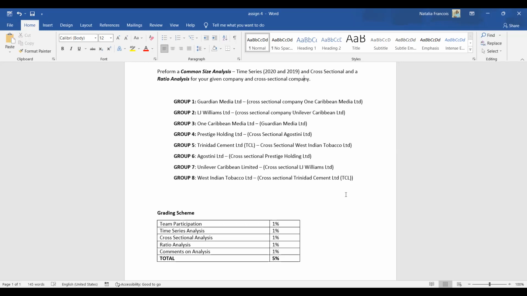So please be in class, and those who are missing, remind them to be there as well. You need to talk to each other to make sure you have the right ratio and the right calculation. And I have the Excel template there for you, so you knock it out. I'm going to do the groups tonight.